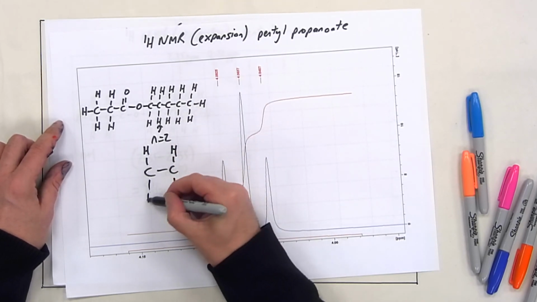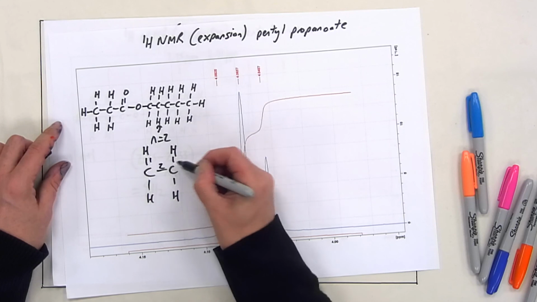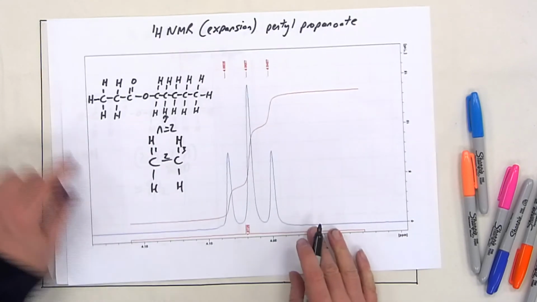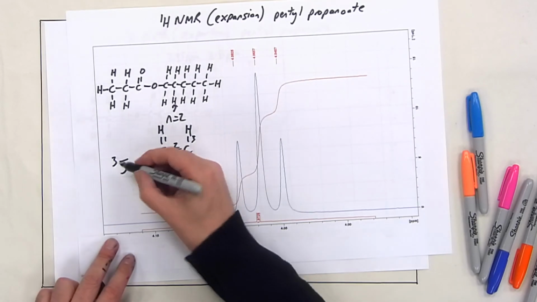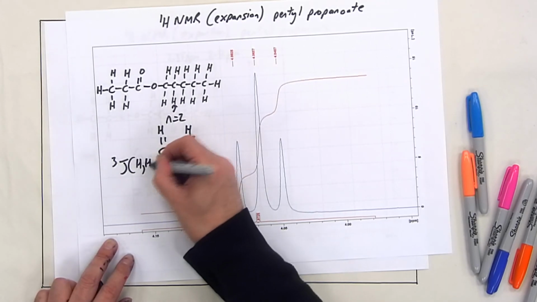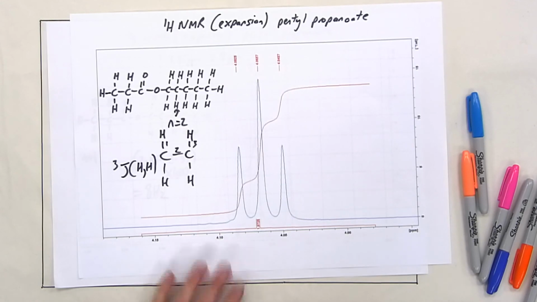So this one is 1, 2, 3 bonds away. So it will be a 3-bond coupling, so it should have been a 3J H-H coupling constant. And because we're measuring it in hertz, it is actually 6.8 hertz. That would be the correct answer. Yes, 6.8 hertz, so 0.017 times 400.